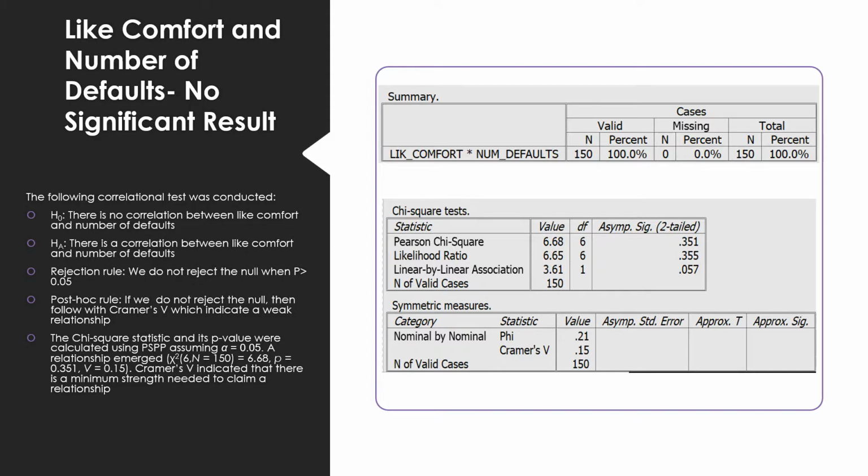So we can conclude that there's no minimum strength needed to claim a relationship. This also indicates that there's no significant result.